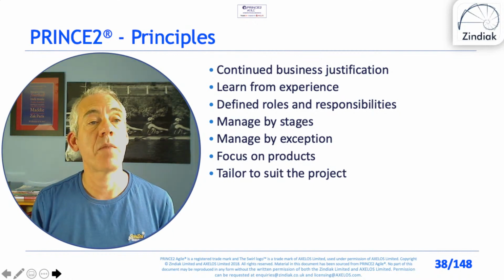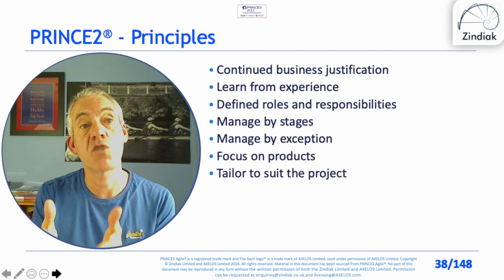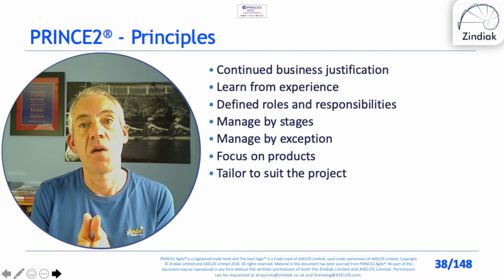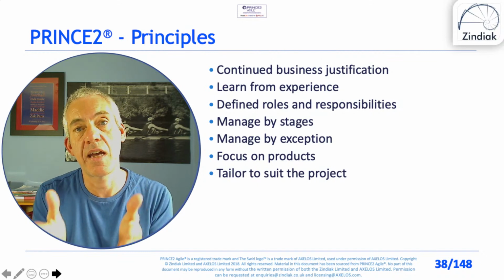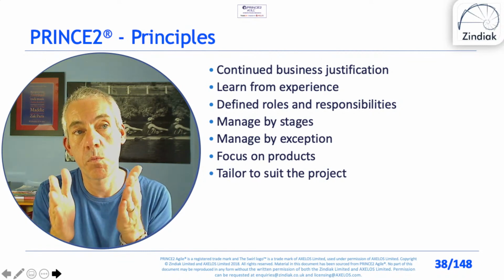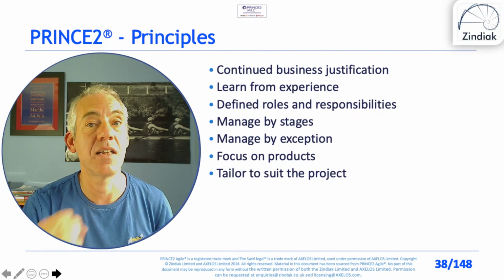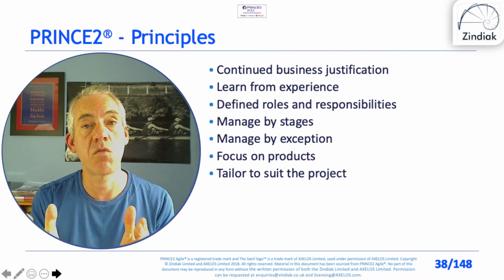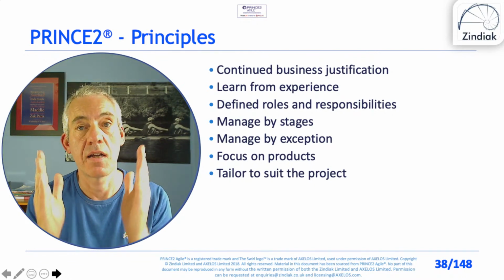Managed by stages, I've mentioned several times. A stage is a time box. It limits risk. So our project may last years, but a stage lasts a shorter space of time, and the project board only gives the project manager authority to deliver a stage. So it's limiting risk to a certain amount of time and a certain amount of cost.